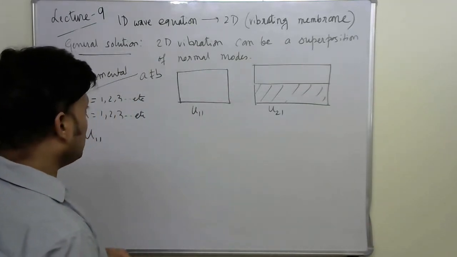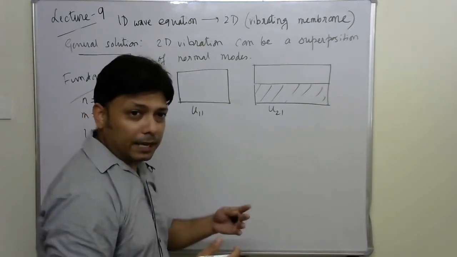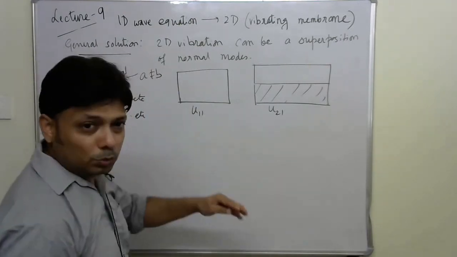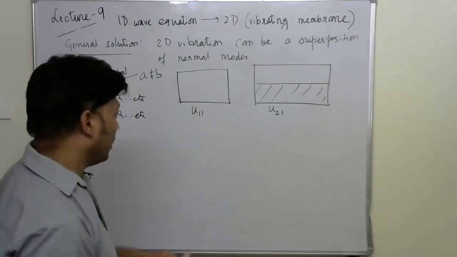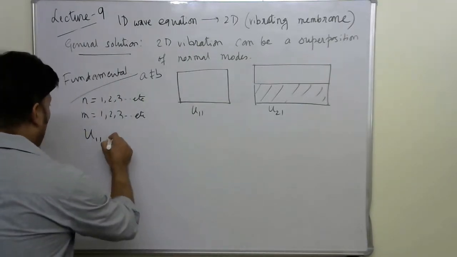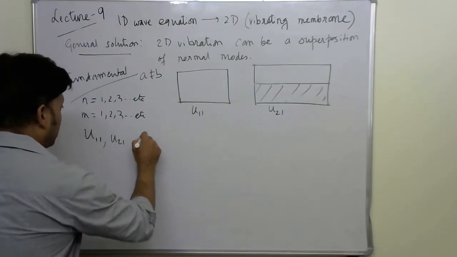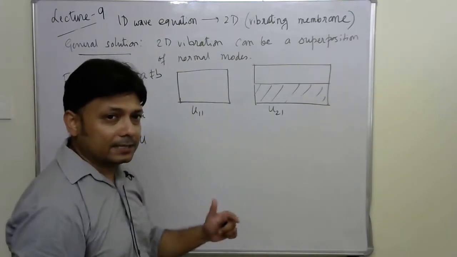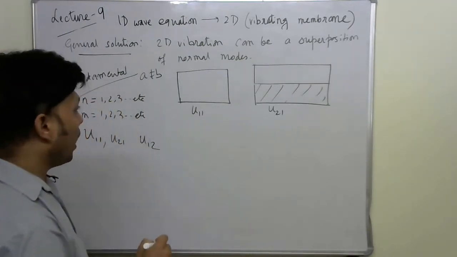Alright. So the thing is, what would be the next? Can we go to U22? But before that, let's take a look at a different scenario. So we have U11 and we have U21. What happens when I just reverse the situation, that is n is equal to 1 and m is equal to 2? What happens for U12?